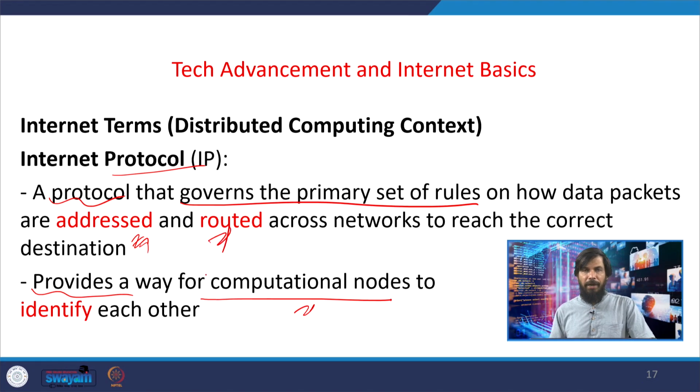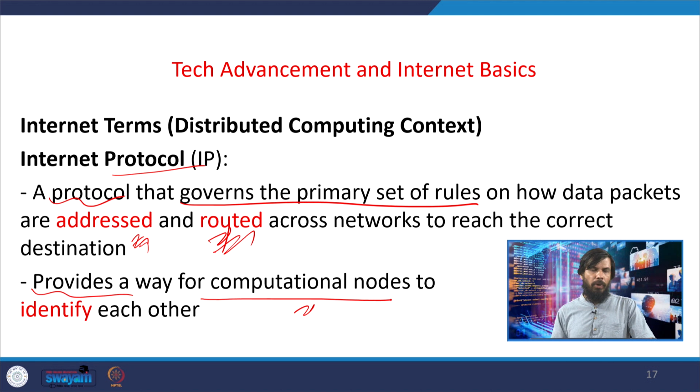Then once the data is broken into smaller chunks, the routing of those packets is also managed by the internet protocol, right. And because the IP address is there, the packets reach the correct destination.